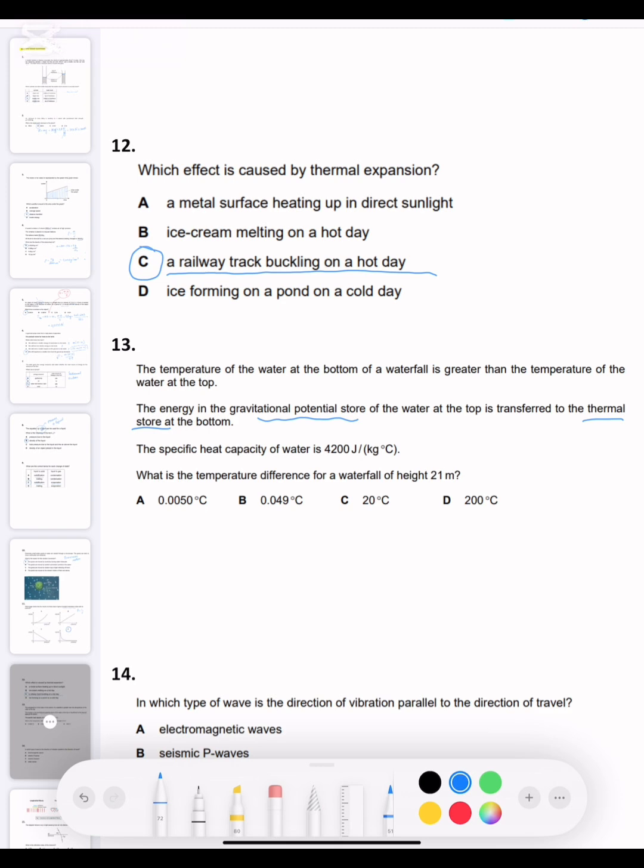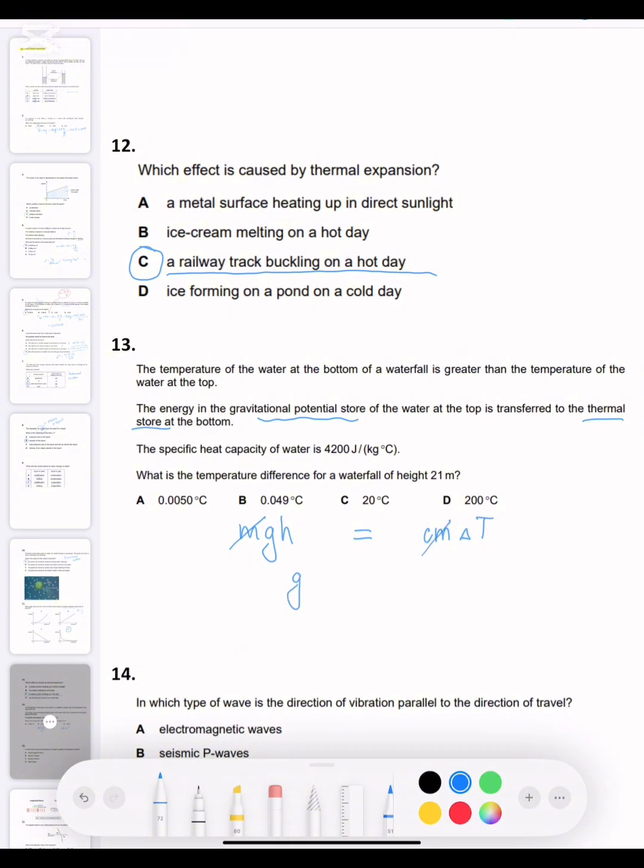So, we can calculate the gravitational potential energy lost by the water as mgh, and the thermal energy gained by the water can be calculated by c m delta T. Let's equate these two formulas. In this case, let's cancel out the mass from both sides.